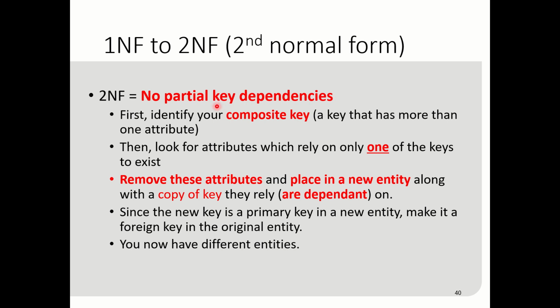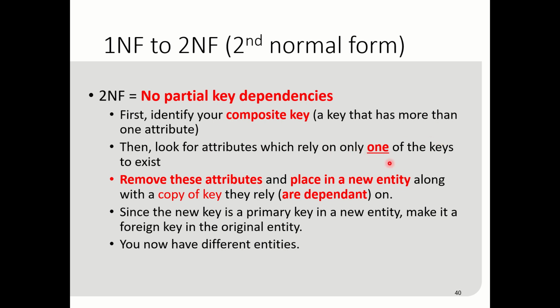For that, first you have to identify a composite key, a key with more than one attribute, right? Normally you will get a composite key if you are resolving a multi-valued attribute in the first normal form. After that, look for the attributes which rely only on one of the keys.